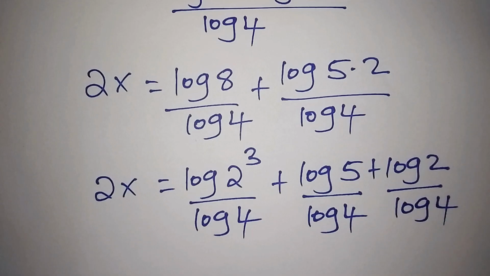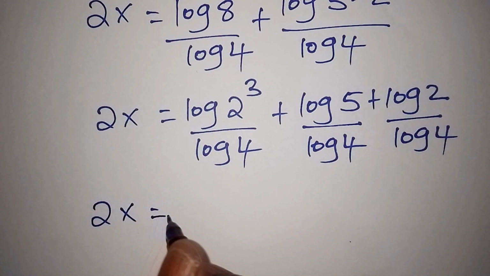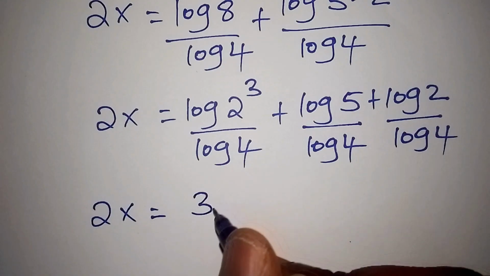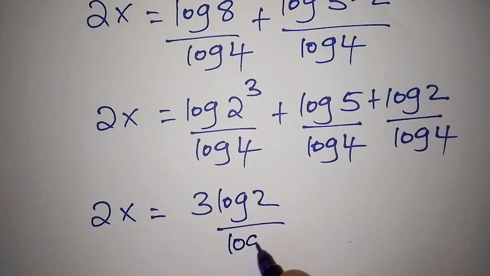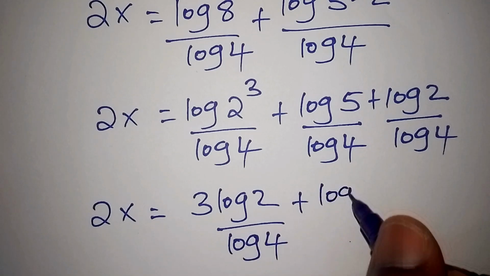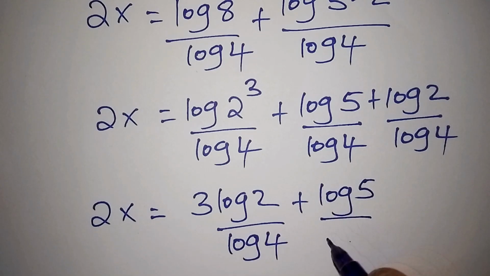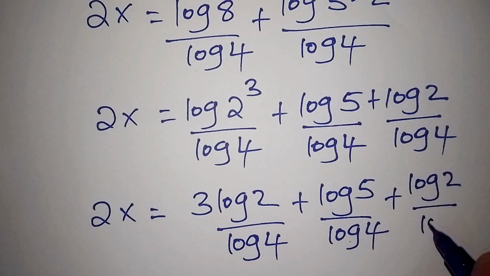So we shall now have 2x is equal to 3 the log of 2 all over the log of 4, plus the log of 5 all over the log of 4, then plus the log of 2 all over the log of 4.